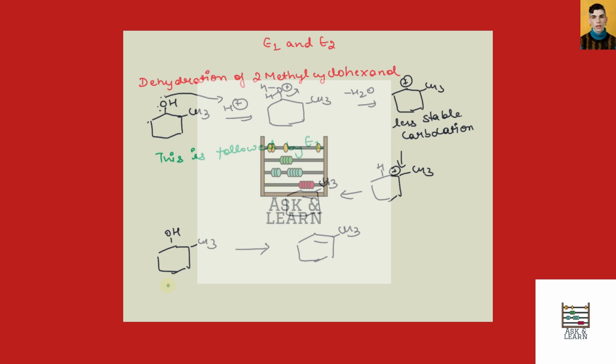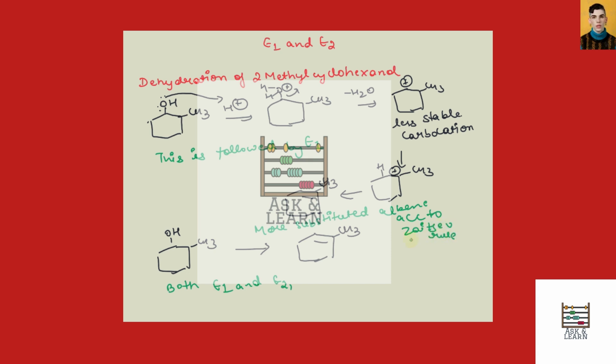So in both E1 and E2, the more substituted alkene is more stable according to the Zaitsev rule.